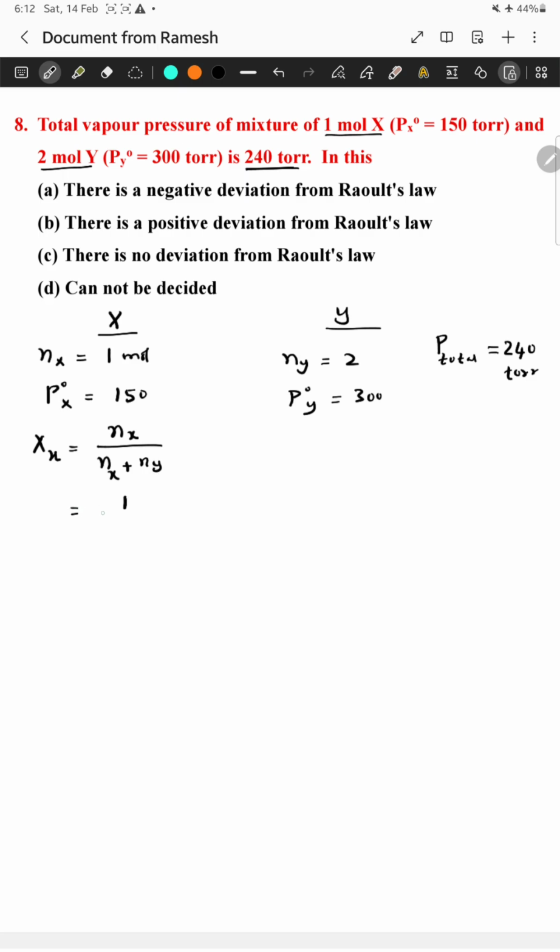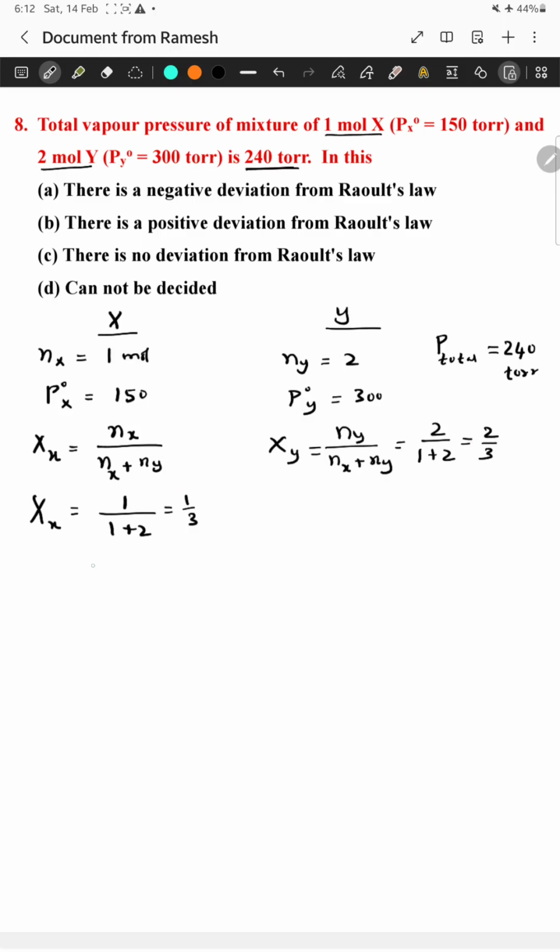So Nx is 1 divided by 1 plus 2, that will be 1 by 3. That is the mole fraction of X. Similarly, you calculate the mole fraction of Y. Same type of formula: number of moles of Y by number of moles of X and number of moles of Y. So 2 by 1 plus 2, that is 2 by 3.